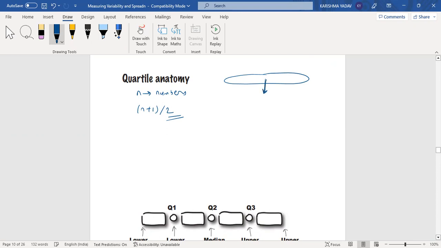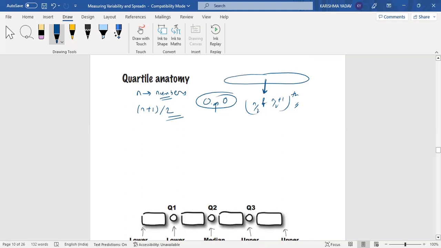So if we have n numbers, then it's the number at position (n plus 1) divided by 2, and if this falls halfway between two values, then we take the average of these two values, that is, the average of the n by 2 and n by 2 plus 1th positions. That's how we find the median.